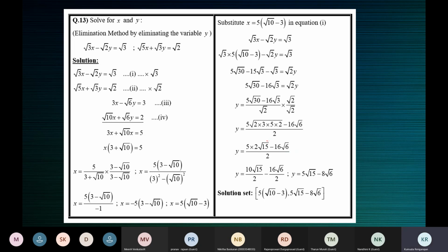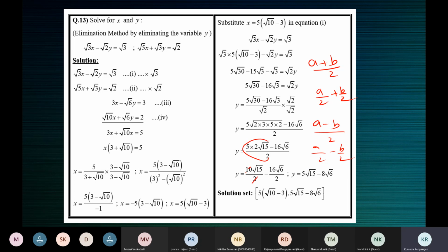Recall, children, A plus B by 2 is A by 2 plus B by 2. Similarly, A minus B by 2 will be A by 2 minus B by 2.